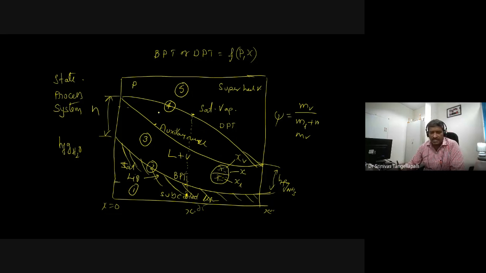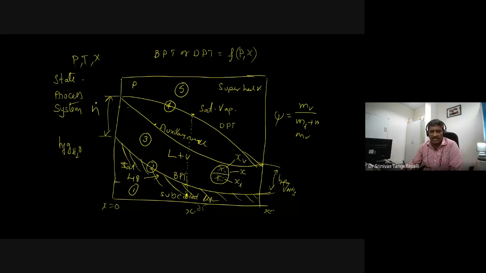But the question here is, if the given temperature is between the bubble point temperature and the dew point temperature, how to solve it? Because this is a PTX solution, that means at given pressure, given temperature and given concentration, we are going to read or calculate all the properties like internal energy, enthalpy, entropy, energy, exergy, and so on.